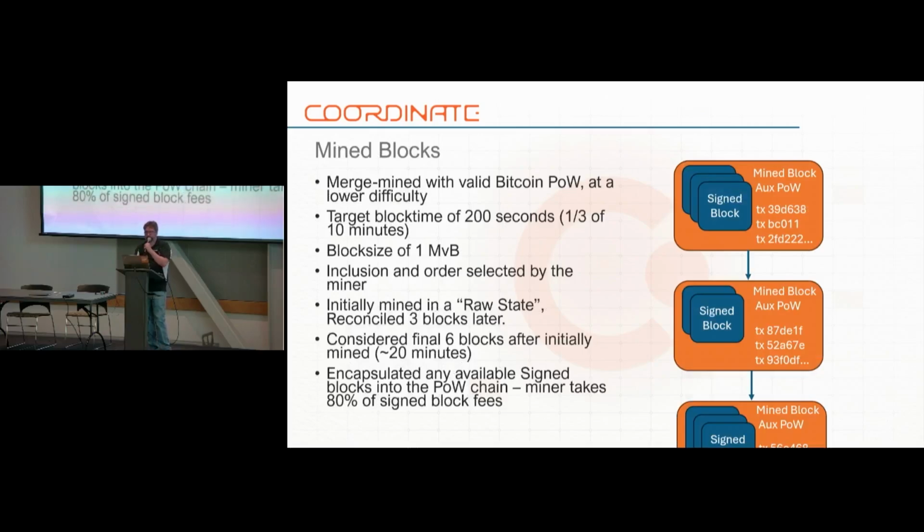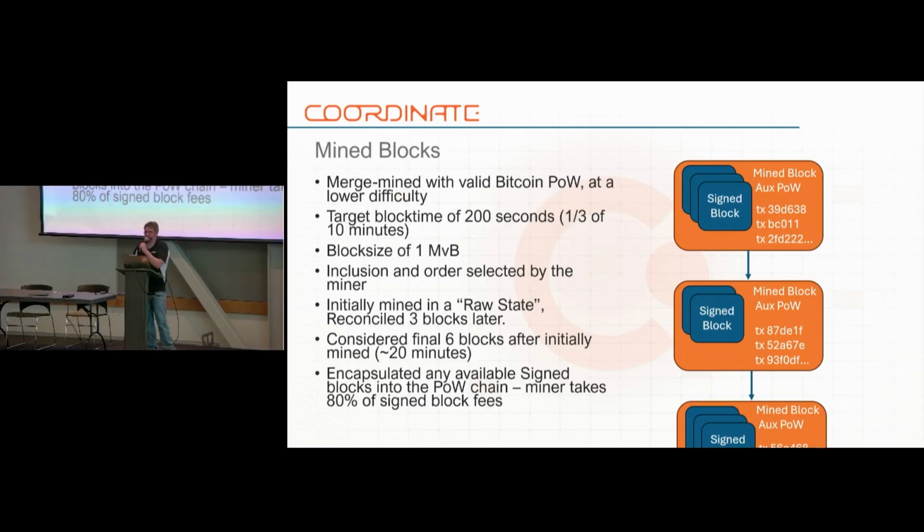And then we have normal Bitcoin mine blocks, which of course encapsulate the signed blocks. They have a block size of 1 mega VByte and a target time of 200 seconds, which is exactly a third of the Bitcoin block time. So Poisson distribution of that. And it was actually quite tricky, but they're first mined in a raw state, and then 3 blocks later they're reconciled.